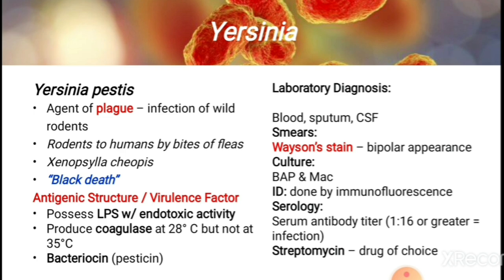Aside from that, Yersinia pestis can also cause pneumonia and meningitis. For laboratory diagnosis, you can use blood, sputum, and CSF specimens. Wayson stain will exhibit the bipolar appearance of our Yersinia, and streptomycin is the drug of choice. Yersinia pestis multiplies intravascularly, so that's why it can be seen in blood smears.